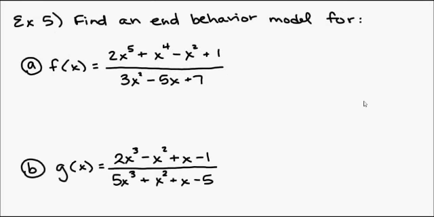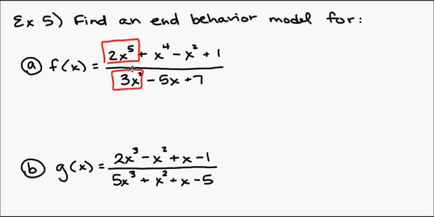Example 5. Find an end behavior model for f of x equals 2x to the 5th plus x to the 4th minus x squared plus 1 all over 3x squared minus 5x plus 7. And really, when you're looking at these big, long polynomials like this, the term with the highest exponent is what determines the end behavior of the graph. So on top, this is going to behave like an x to the 5th graph.